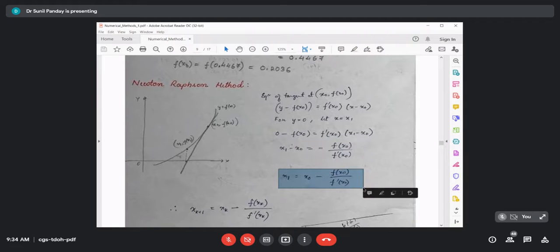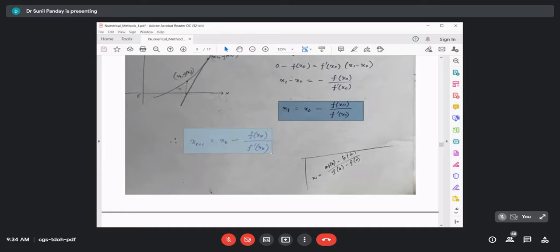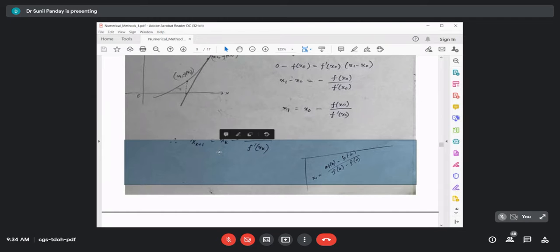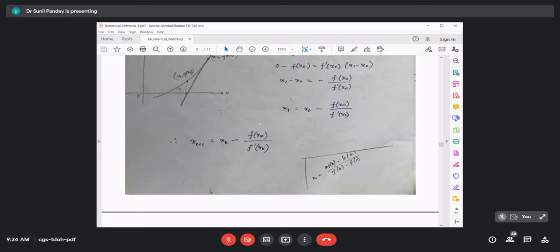So this is our Newton-Raphson method. You can say this is the generalized one: x(k+1) equals xk minus f of xk upon f dash of xk.